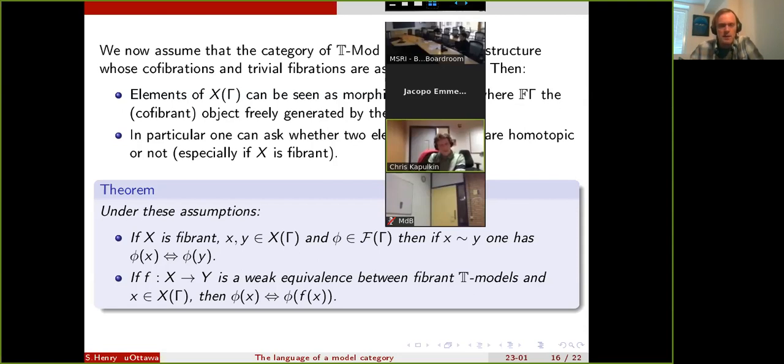Though it might be hard to guess what the fibrant objects of the minimal model structure are without computing it. So I don't know if this is useful or not. But you really need to know that the objects are fibrant in some model structure for the proof. So that's not going to work without talking about the minimal model structure or some model structure. Right. Thank you.